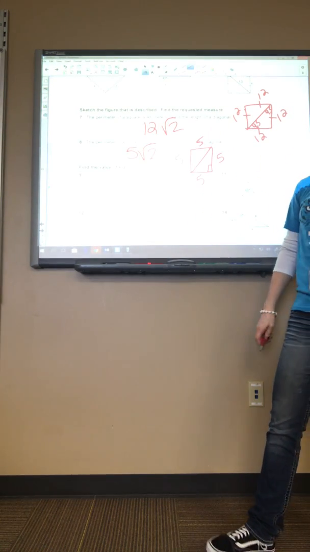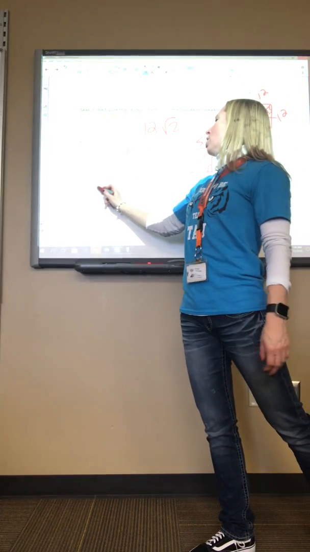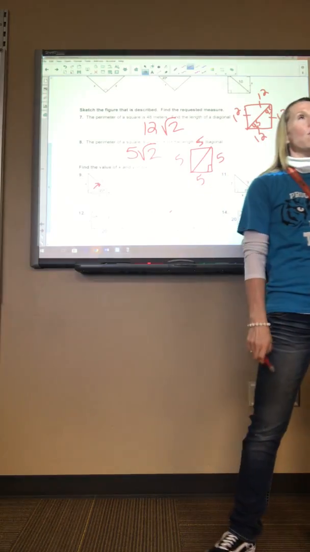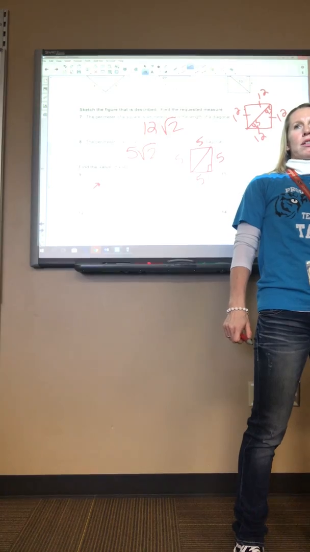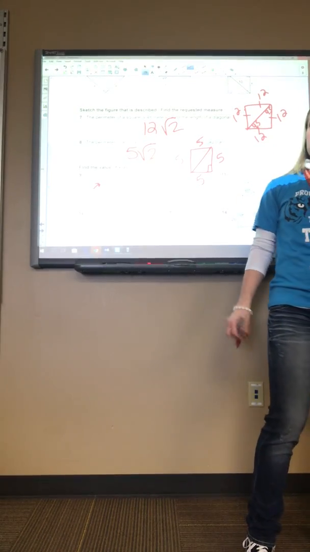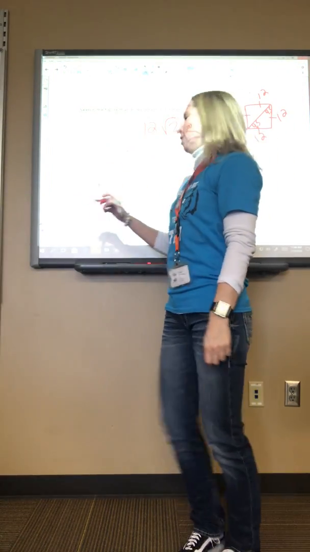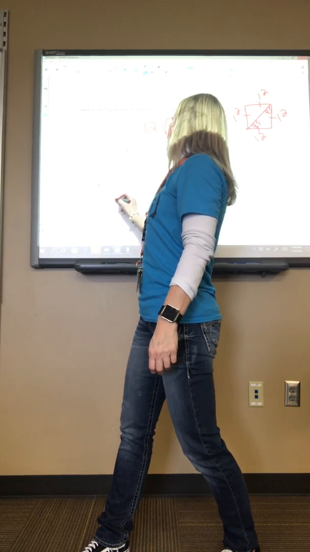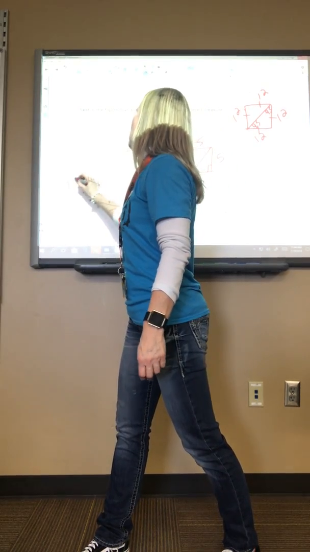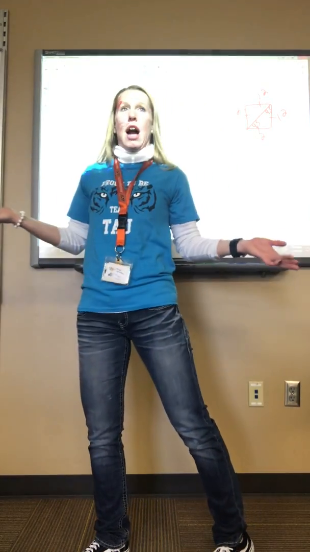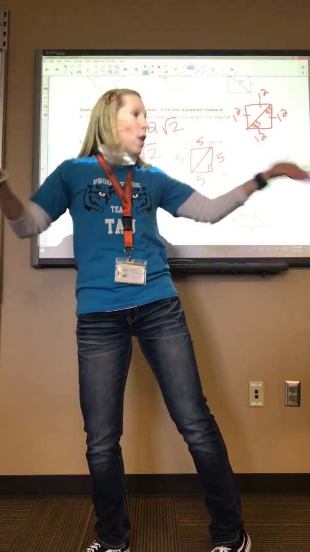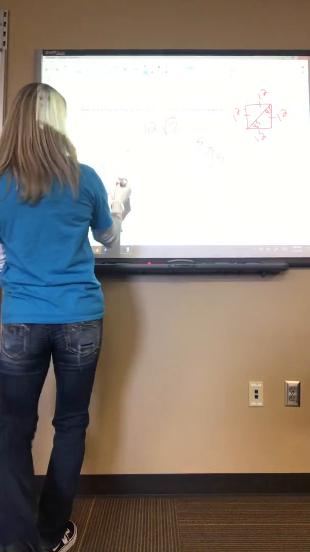Number 9. Okay, number 9, we know the hypotenuse. If you know the hypotenuse, how do you go backwards? Divide by radical 2. So, you can leave it as 7 radical 2 over 2. Or, what's another answer I would accept? 3.5 radical 2. Yes, either one.